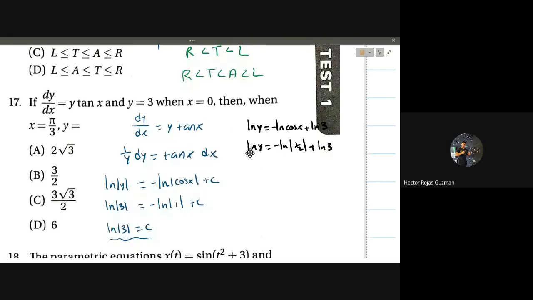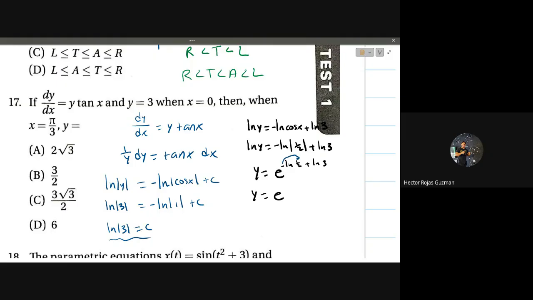Okay, get rid of ln by using e. Let's just keep working here. Separate the powers by using the properties of exponents. And I'm going to do one more thing. You see this negative right here? A logarithm property allows me to take it and put it back as a power.